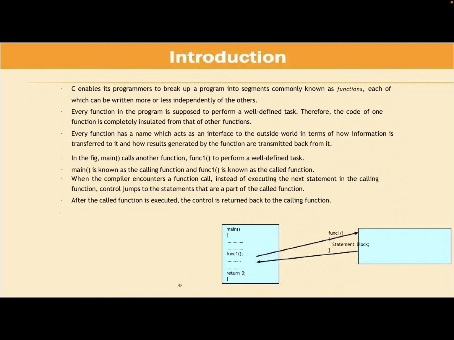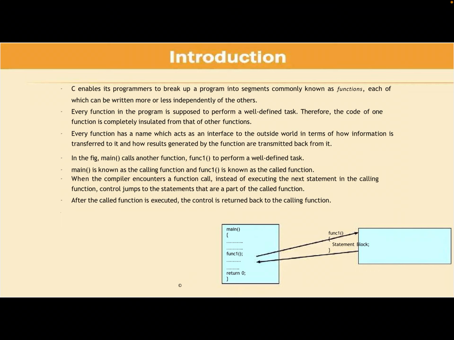Now this operation is depicted in the block diagram shown here. As you can see, there is a main block or main program which is calling a function named function 1. Here main is known as the calling function and function 1 is termed the called function. When the main function calls a function, the compiler encounters a function call.